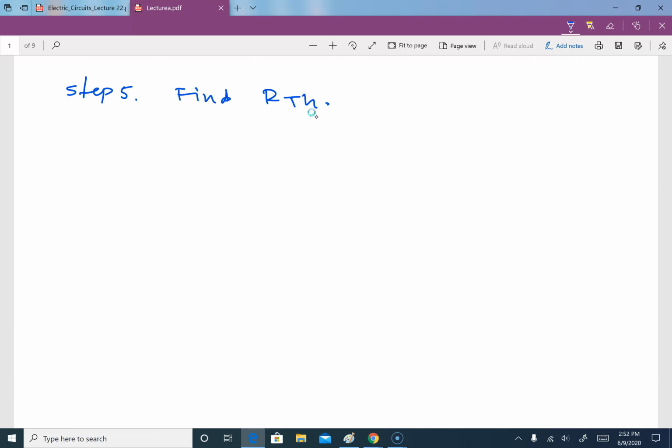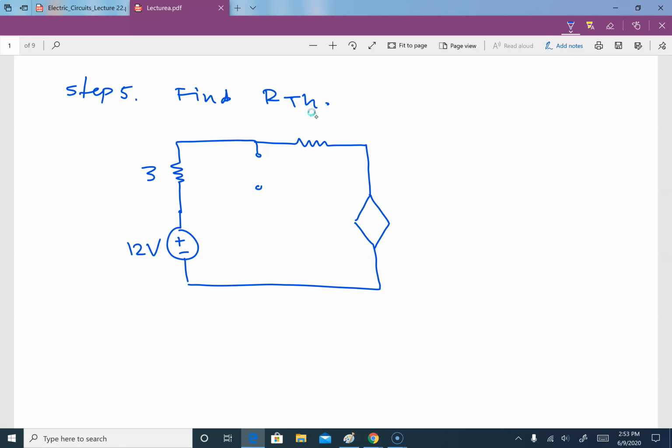So this is our circuit. That is a 3. This is 12 volts. This is where we have the opening. This is plus minus, and that is 2Ix.